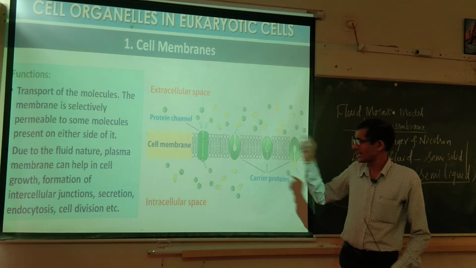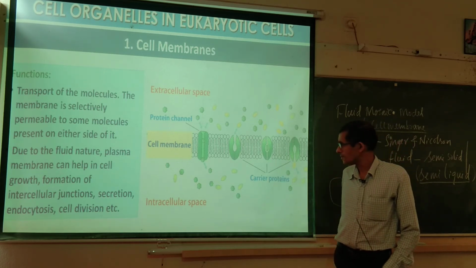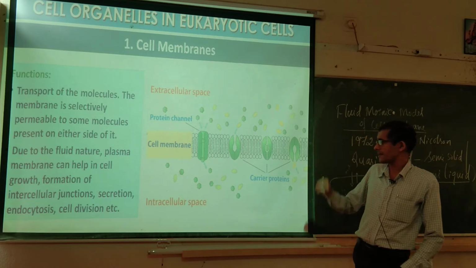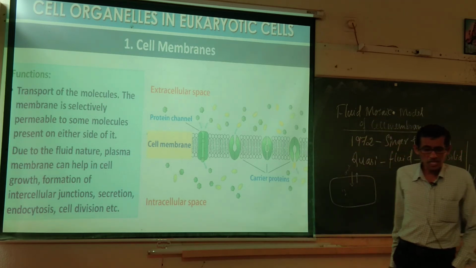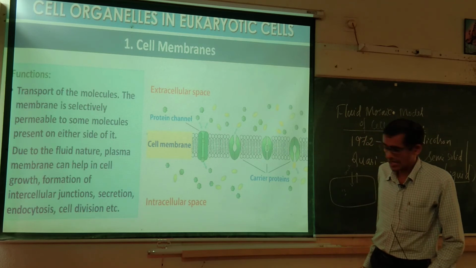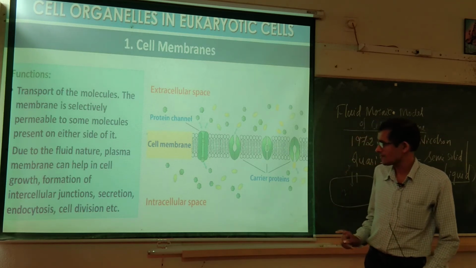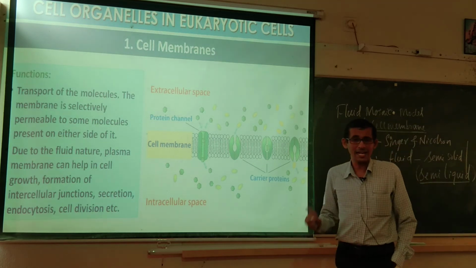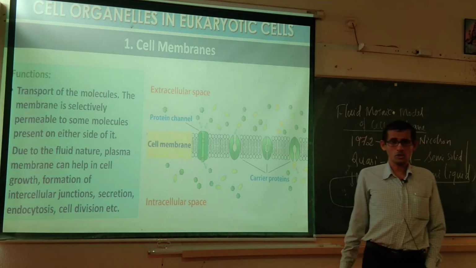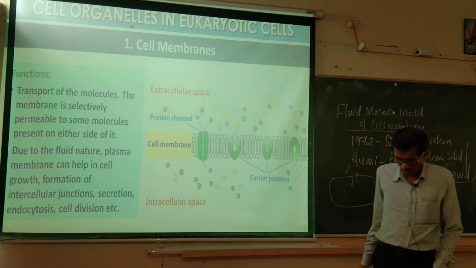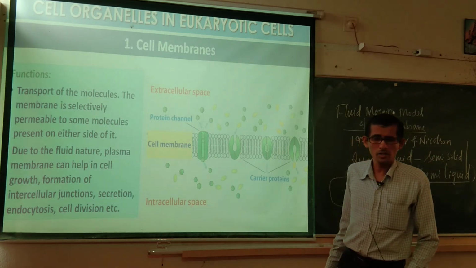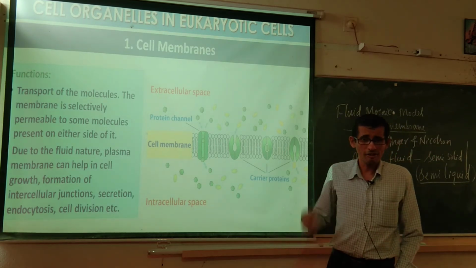Due to the fluid nature, the quasi-fluid nature, the plasma membrane can help in cell growth, formation of intercellular junctions, and helps in secretion, endocytosis and cell division. Endocytosis, as in our amoeba, is the phagocytosis phenomenon.